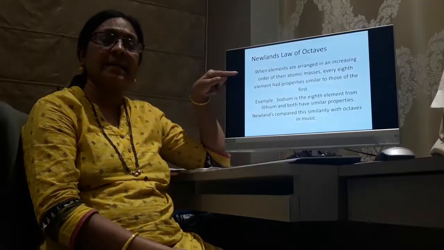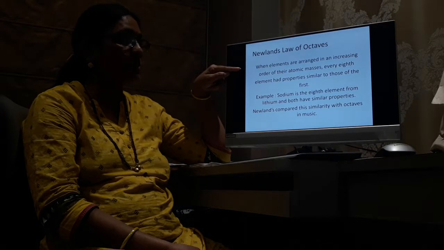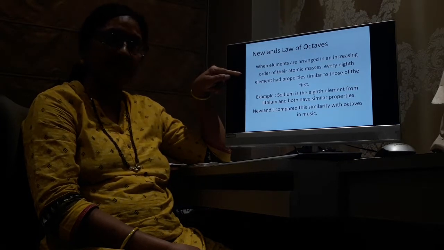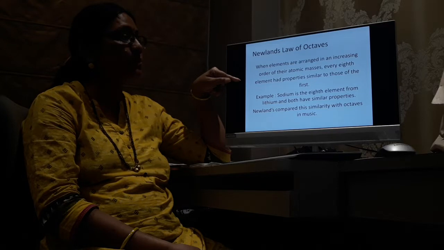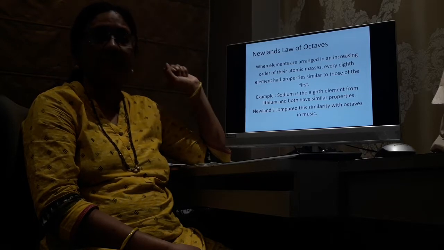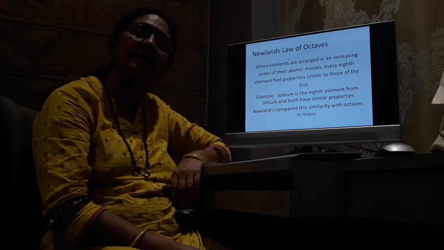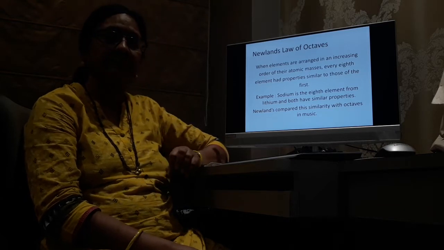His law states that when elements are arranged in an increasing order of their atomic masses, every eighth element has properties similar to those of the first. First, we'll try and understand the meaning of the statement.